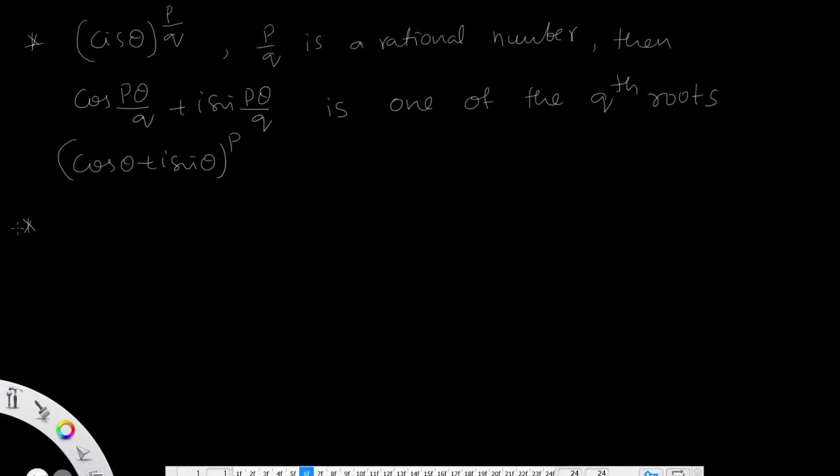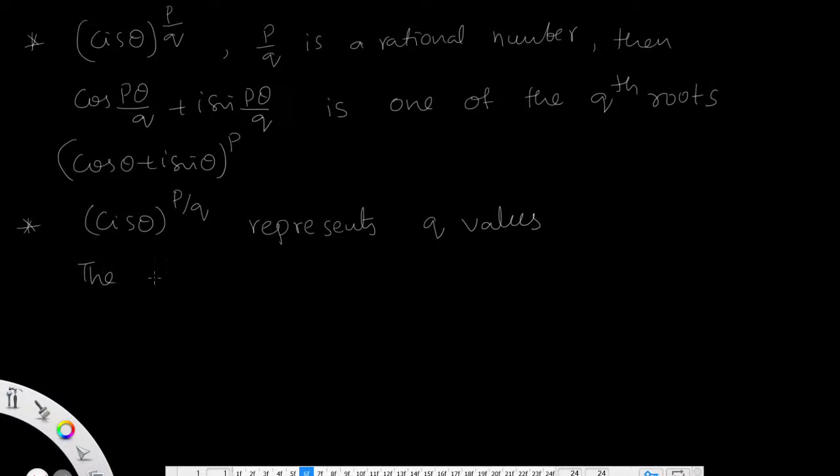And another formula is cis theta whole to the power of p by q. How many values does it represent? It represents q values.